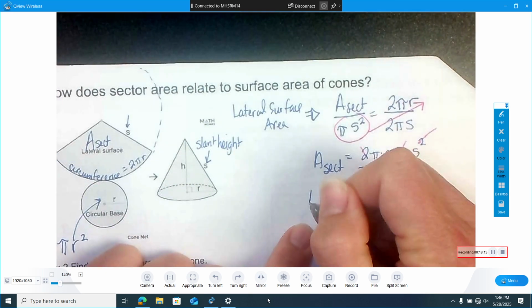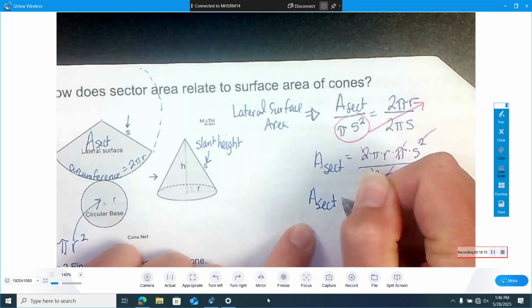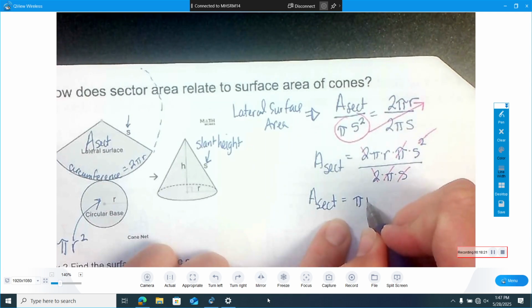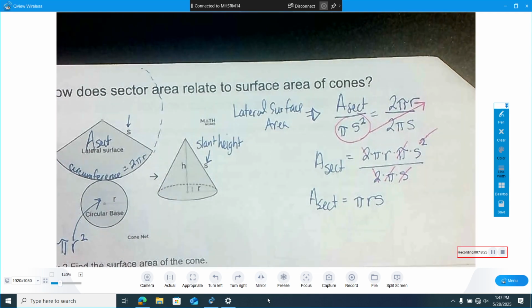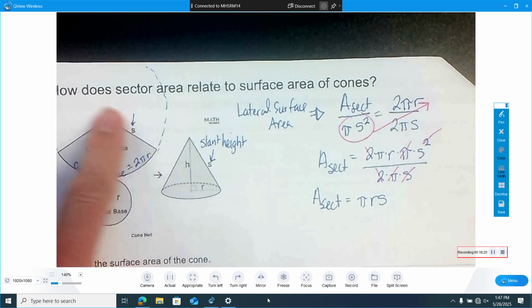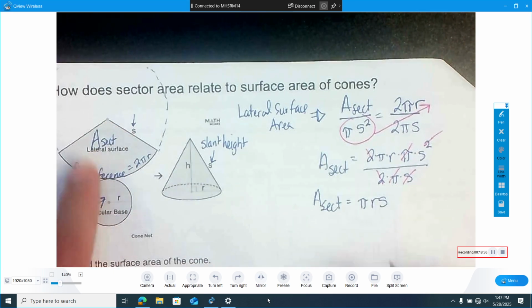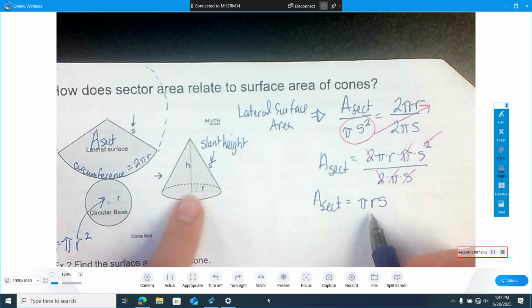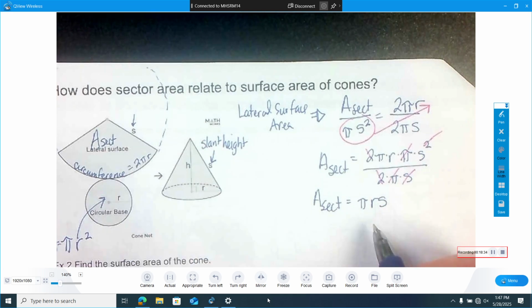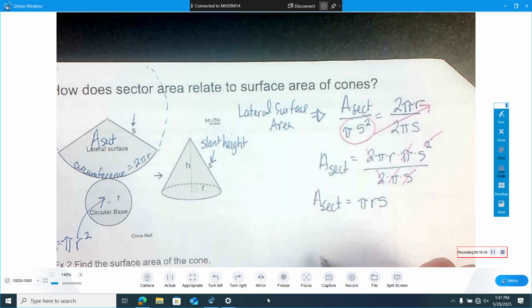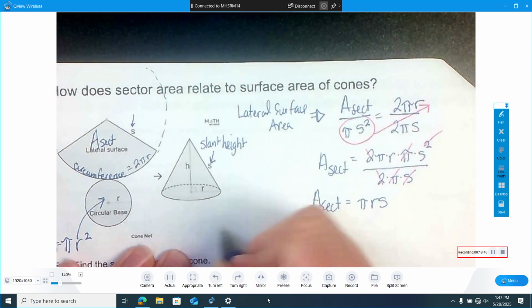And so it turns out that the area of that sector is just left with pi r s. So this lateral surface area is simply pi times the base radius times the slant height. Isn't that kind of amazing how it cleaned up like that? I think it's phenomenal.